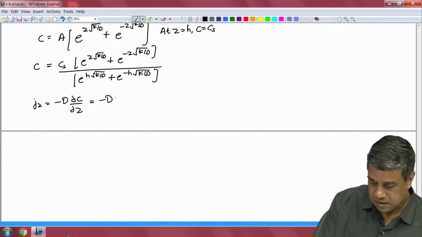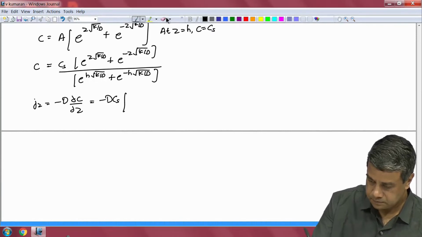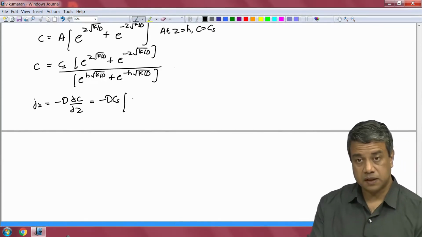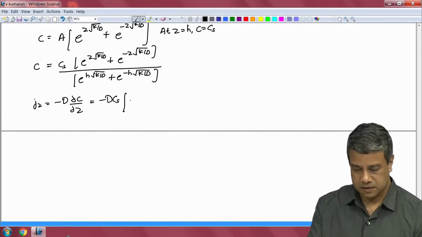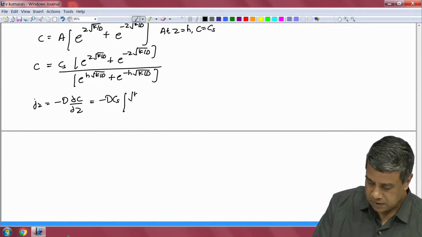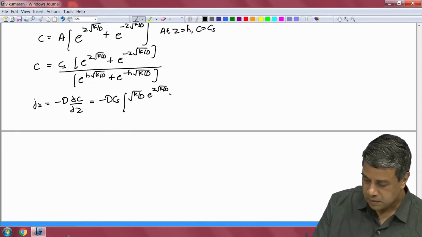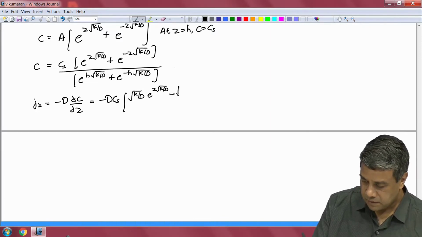It is equal to minus D Cs into, I have to take the derivative of the numerator with respect to z. So, I will get root of k by D e power z root of k by D minus root of k by D e power minus z root of k by D.